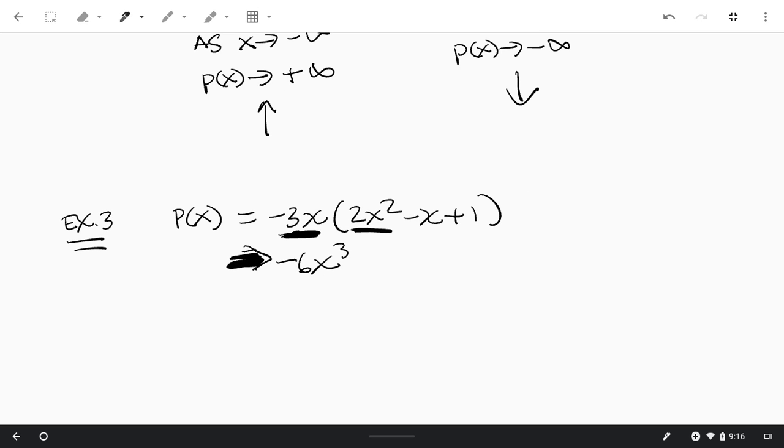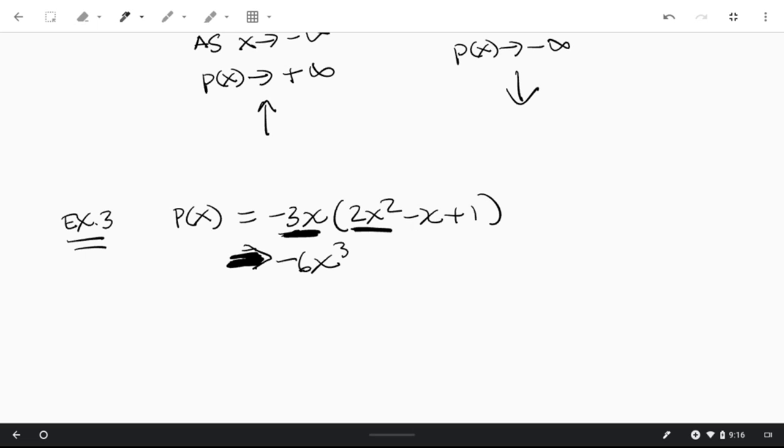So let's go ahead and begin. Our right-hand behavior, that's as x goes towards positive infinity. So x gets very, very positive, right?